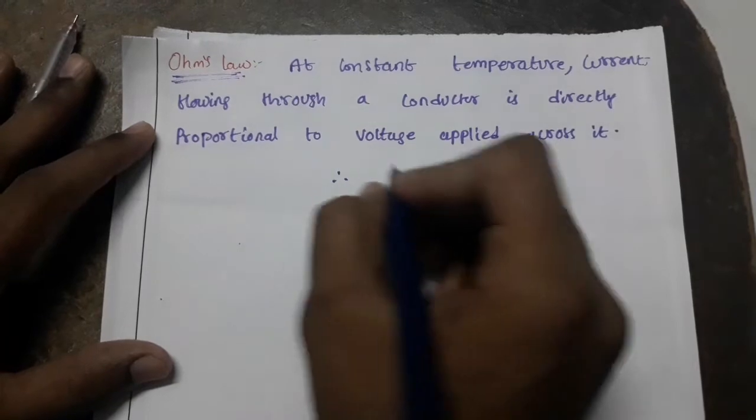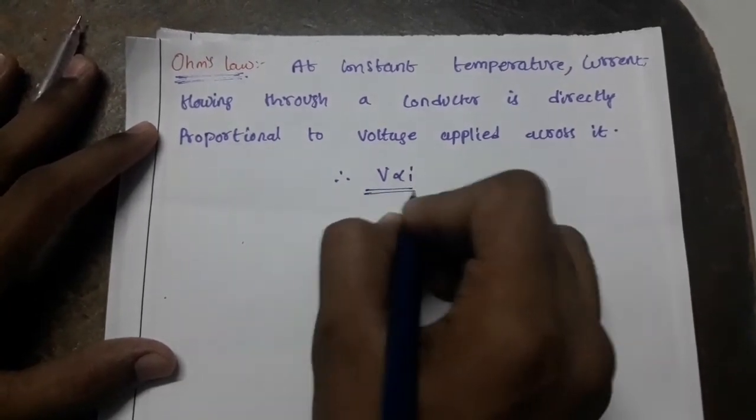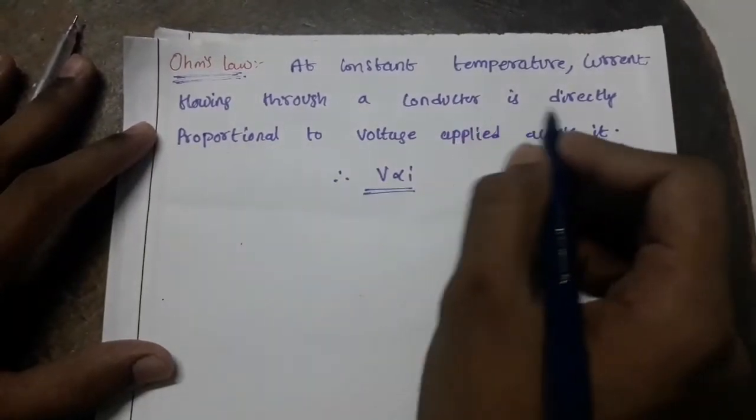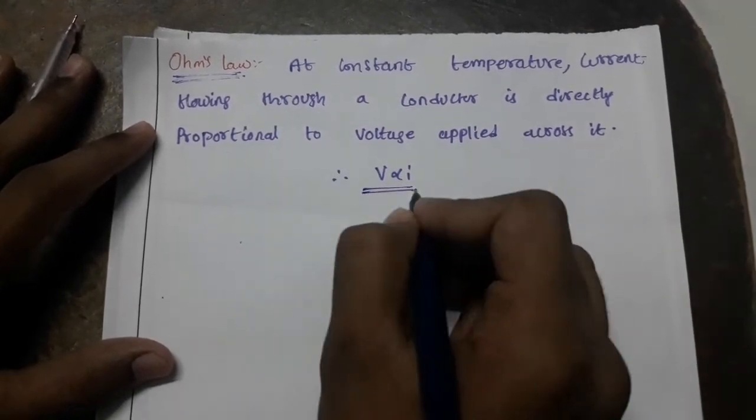Therefore, by this we will write V is directly proportional to I. But according to the definition of Ohm's law, the current flowing through a conductor is directly proportional to the applied voltage. But I have written V is directly proportional to I.